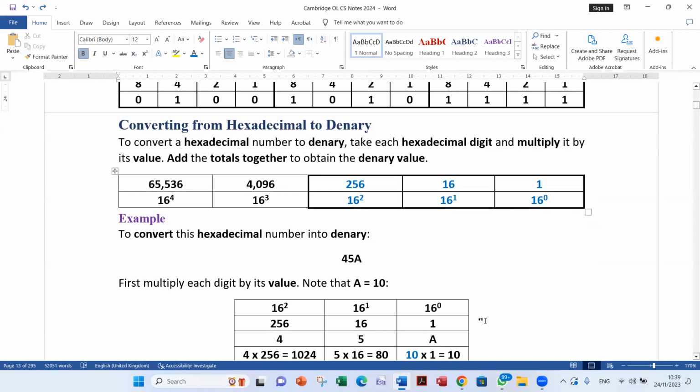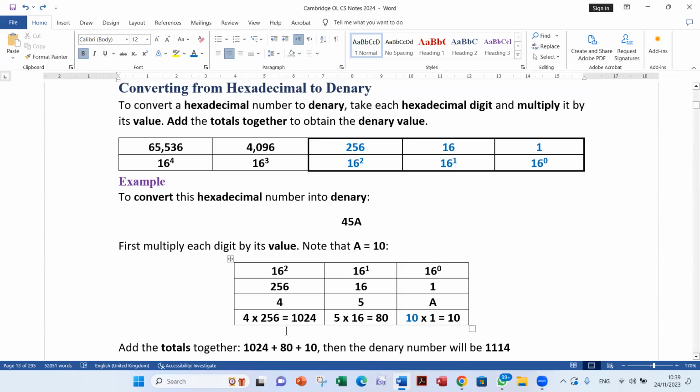So you have 4FA. You put weights: 16 to the power of 0, 16 to the power of 1, 16 to the power of 2. And these are 1, 16, 256. And then you put the 4FA. The 4 is 4, so 4 multiplied by 256. The 5 is 5, so 5 multiplied by 16.